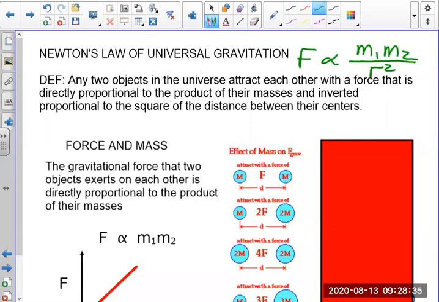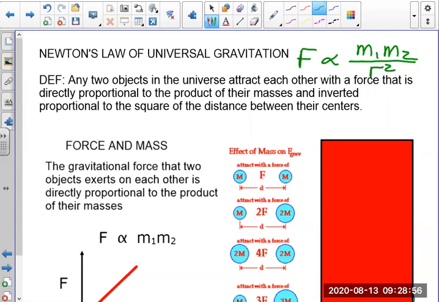So if you know the equation on your information sheet, you are able to give the law.